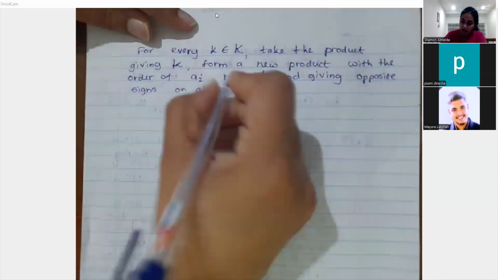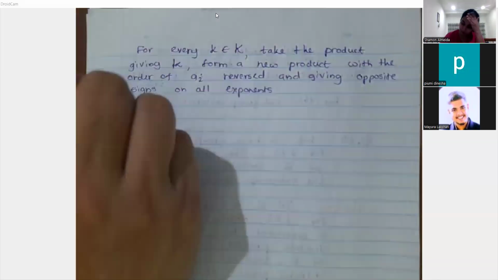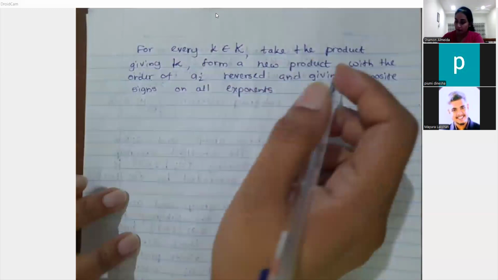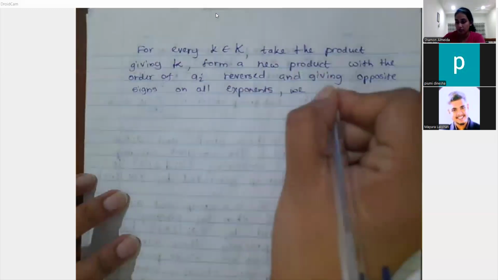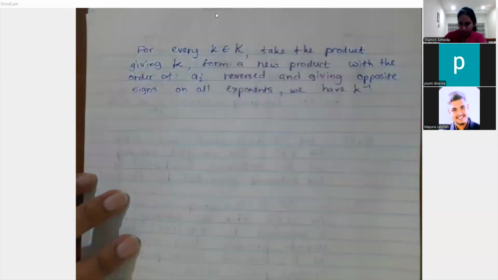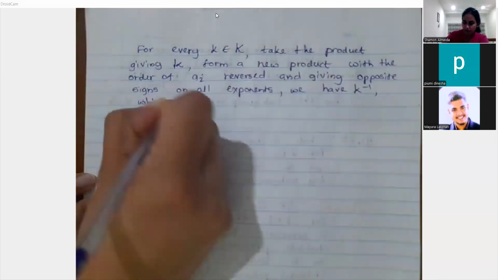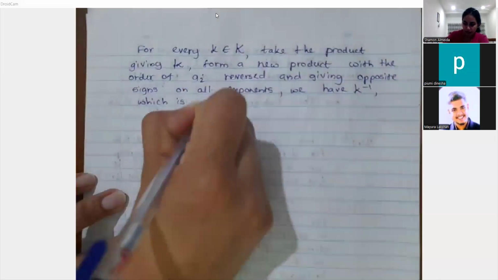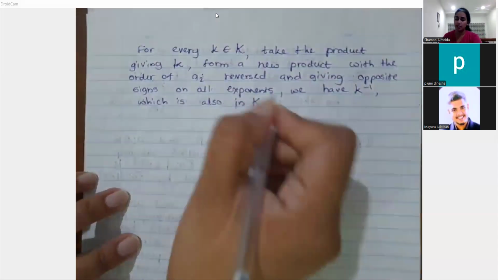What we have is k inverse, which is also in K. Why do we have that to be in K?